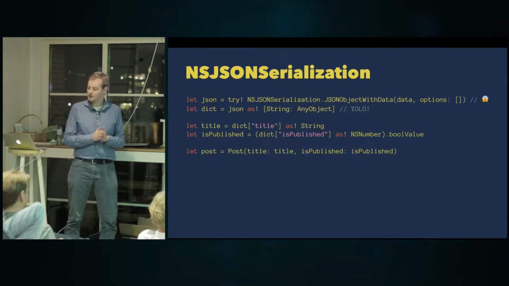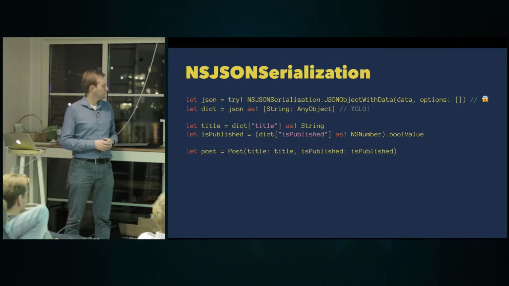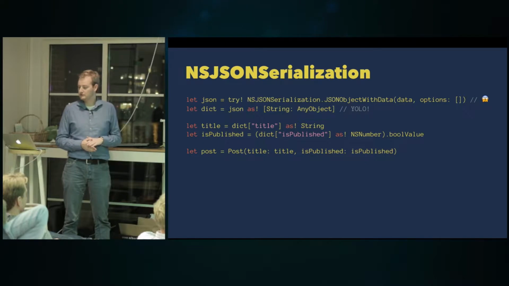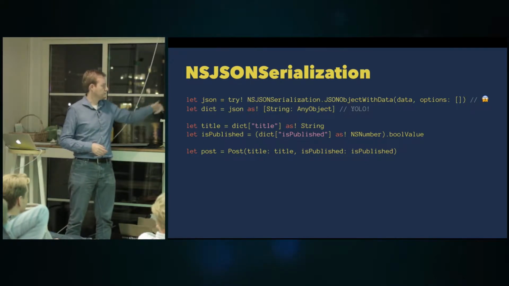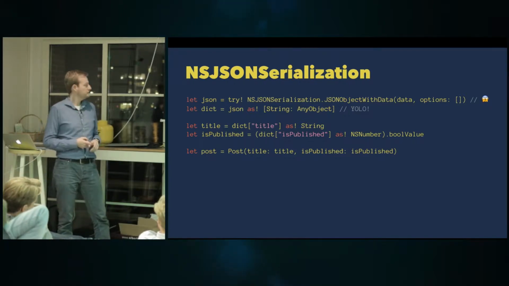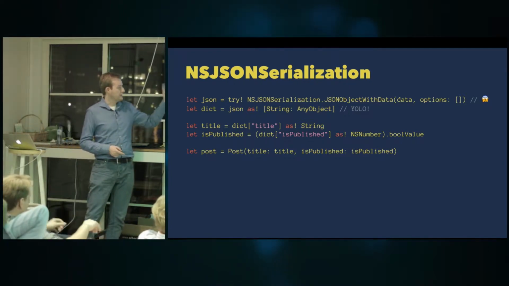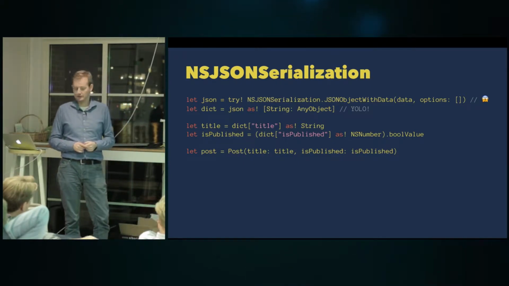This is how you get data out. Take the dictionary, give it a key. We want a title, and then again it comes out as AnyObject which we force cast to a string, assuming it will work. Same goes for the isPublished, which comes out as an NSNumber, which we then have to take the Boolean value of. This is how JSONSerialization works.